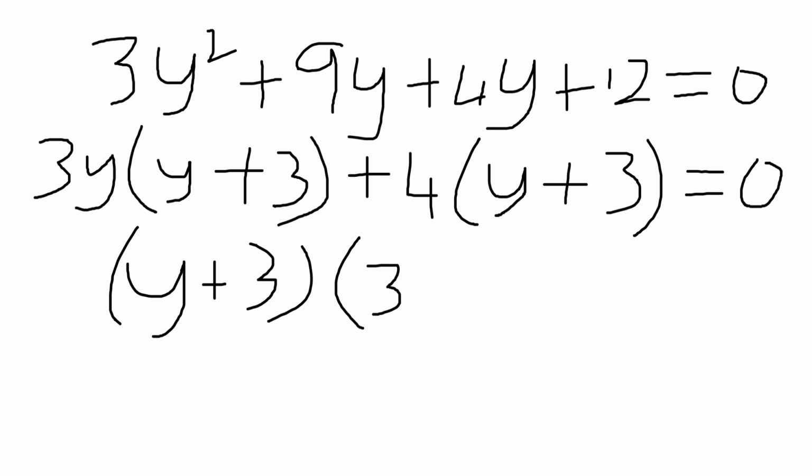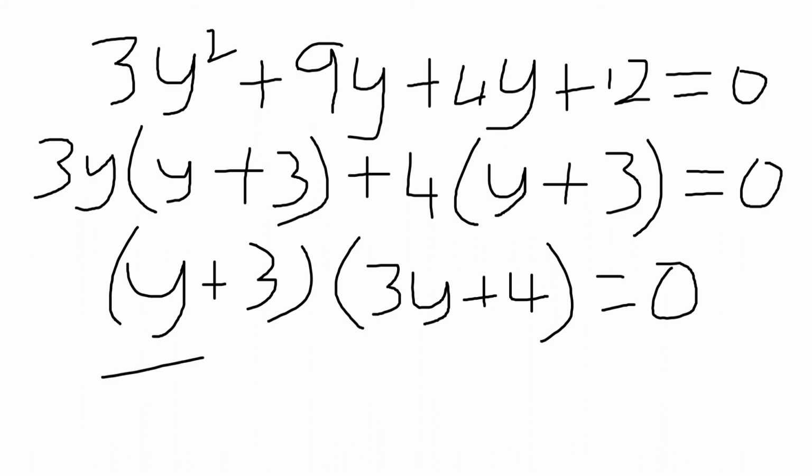So 3y then plus 4, and this is equal to 0. Now we know that for the product of these two things to be equal to 0, then it is either one of them or both are equal to 0.